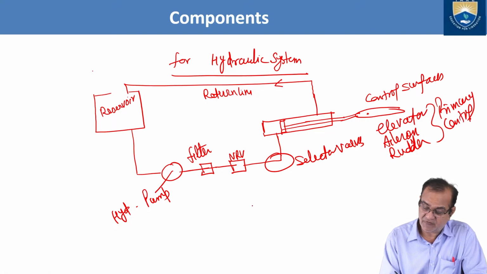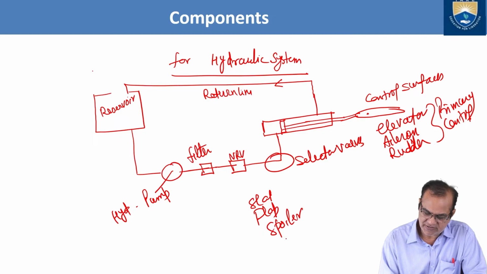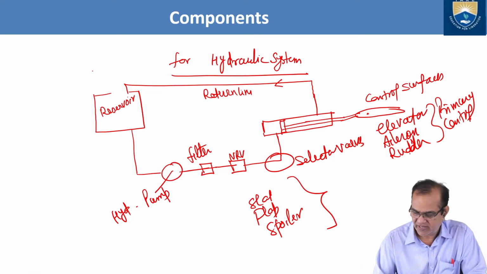But there are a few more, called the slat, flaps, spoilers, canard. The canard will come here.